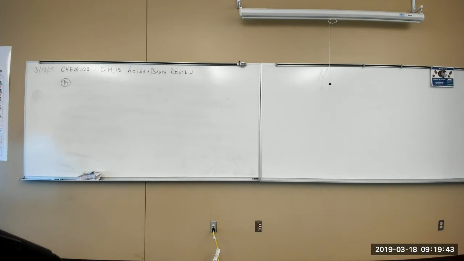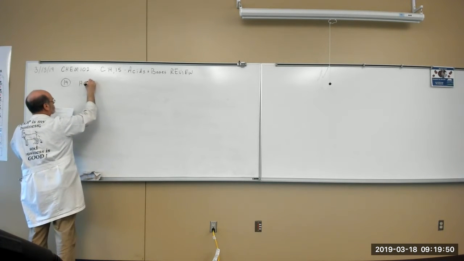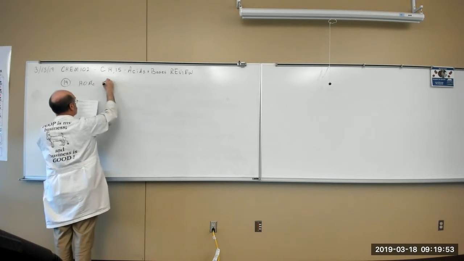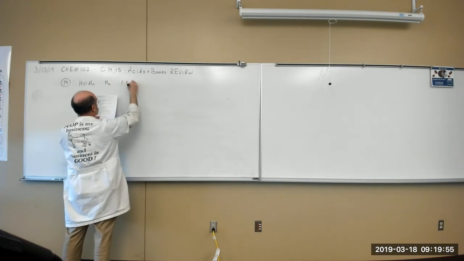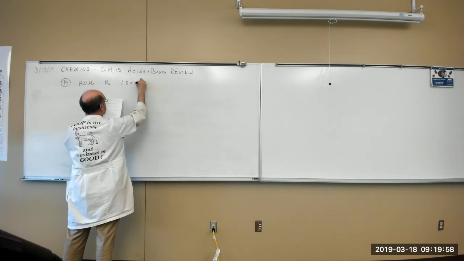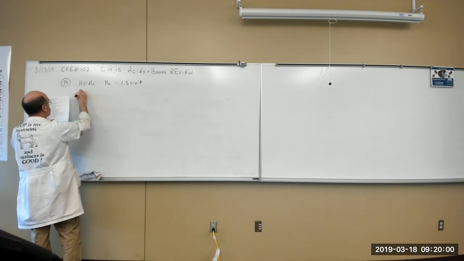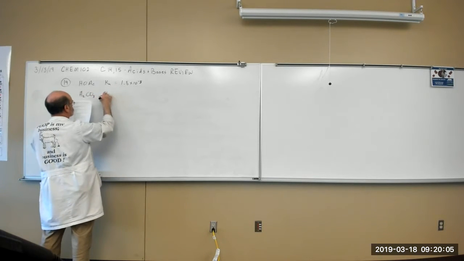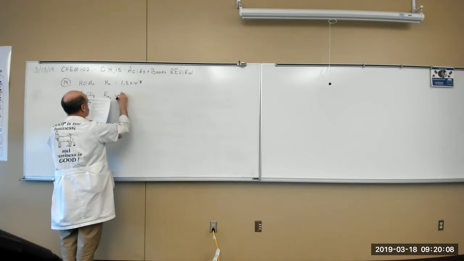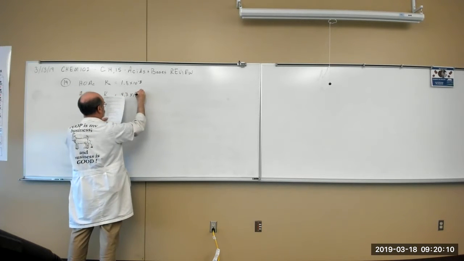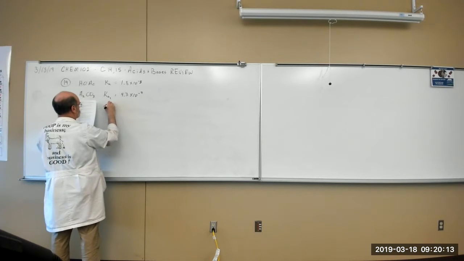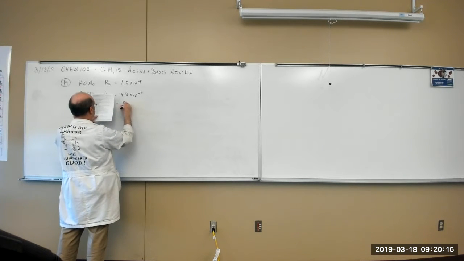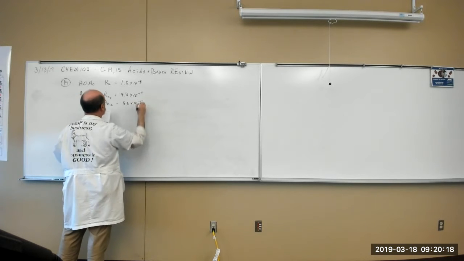Okay, so acetic acid has a Ka of 1.8 times 10 to the minus 5, and carbonic acid has two Ks: 4.3 times 10 to the minus 7 and 5.6 times 10 to the minus 11.